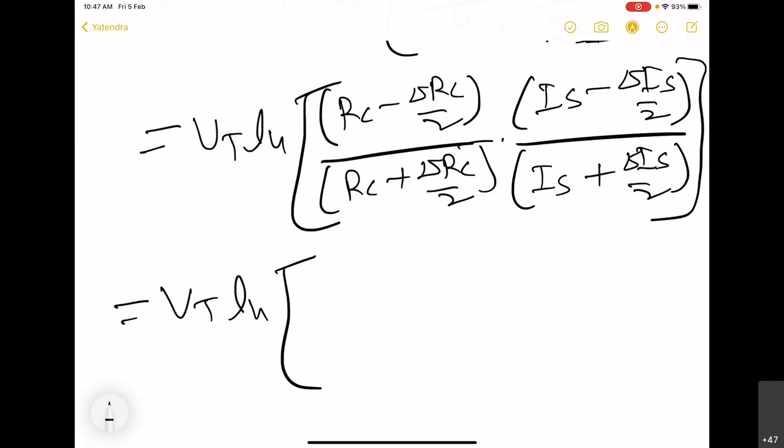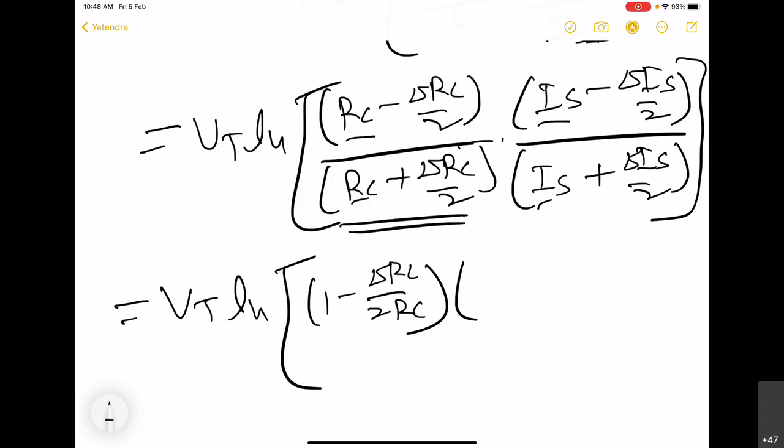So we have, and here you can see that RC can be taken common, IS can be taken common. So we will have 1 minus delta RC by 2 RC, and this is where we will do the approximation. This we will take in the numerator and substitute by 1 minus delta RC by 2 RC.